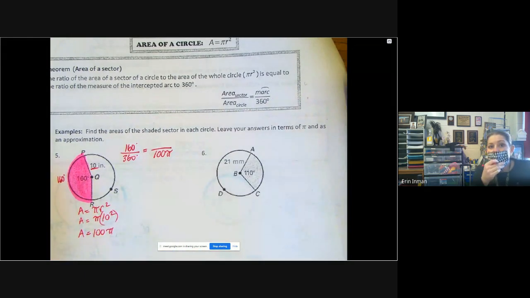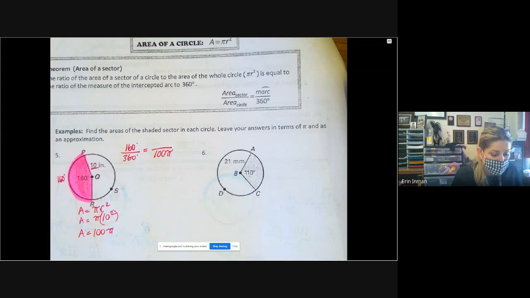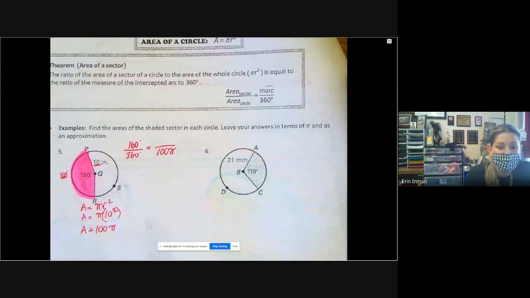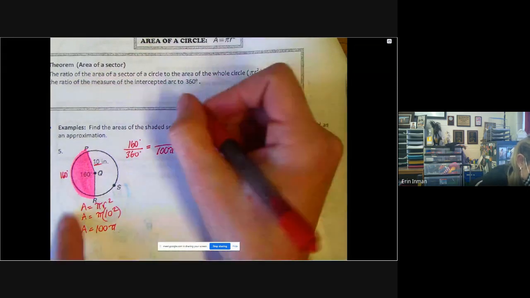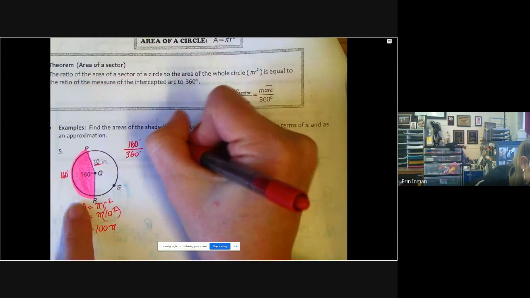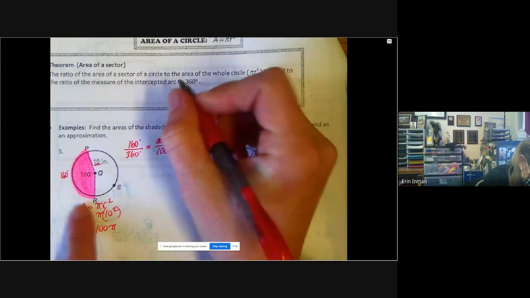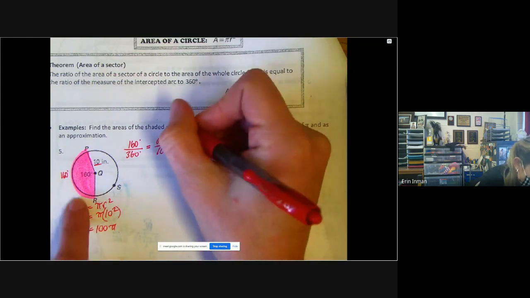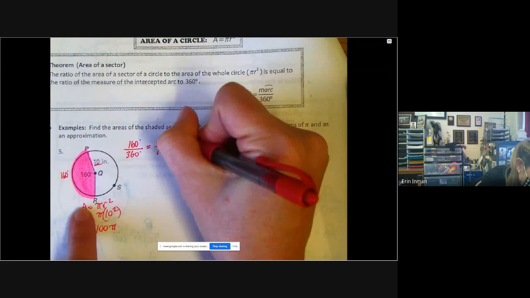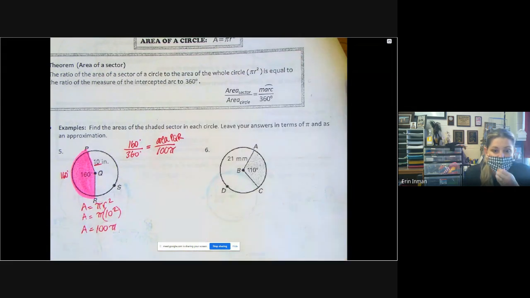I probably don't want to put it as a decimal because it's going to be never ending. So I don't want to round and then round. And we're looking for the sector area, so I'm just going to put area of sector PQR.